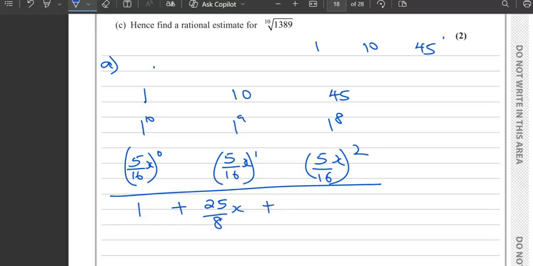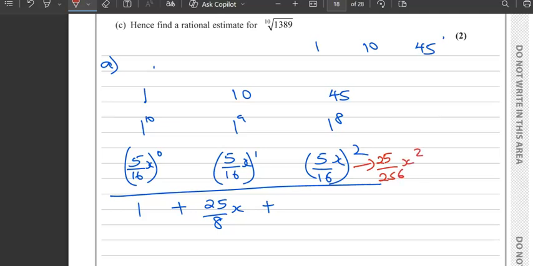Then plus, first we need to square 5/16 x, which will be 25/256 x squared.